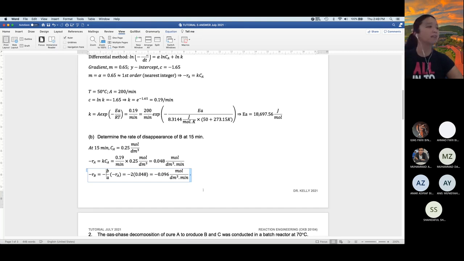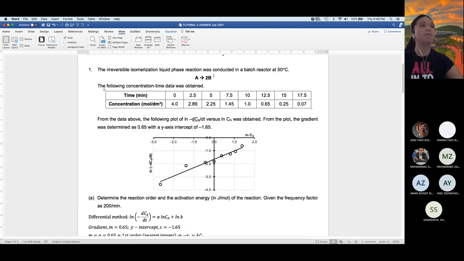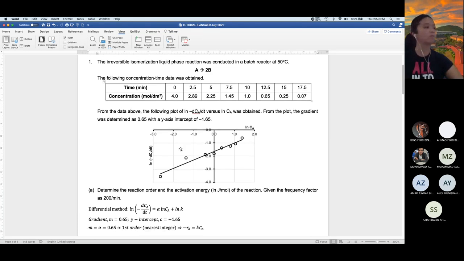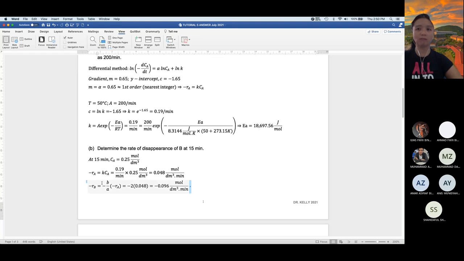And then don't forget the ratio of the stoichiometric coefficients, because the rate of disappearance is actually directly proportional to the stoichiometric coefficient. That's why you must do B over A. So B over A, B is 2, A is 1. So it becomes negative 2 over 1 multiplied with your minus RA, which we obtained previously, which is 0.048.